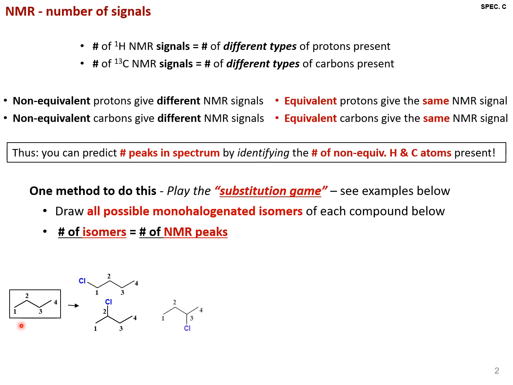If I substitute a hydrogen on carbon labeled number 3, I get 2-chlorobutane again. And if I substitute a hydrogen on carbon labeled number 4 with chlorine, I end up with 1-chlorobutane again. So therefore, for butane, you would expect 2 proton peaks and 2 carbon peaks, because there are 2 types of hydrogen and there are 2 types of carbon, as demonstrated by this test.